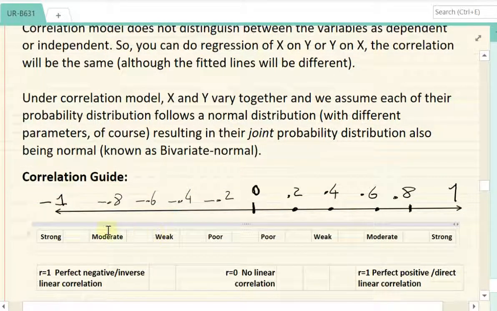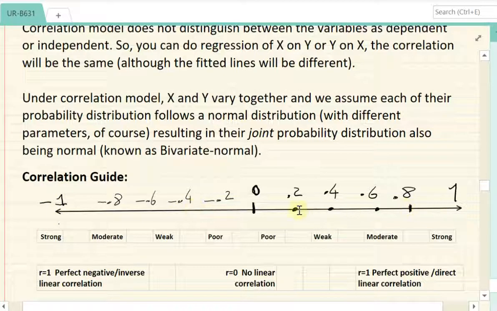So here I have a number line from -1 to 1, 0 at the center, and I made them symmetric. 0.4, 0.6, and so on. My decimal was too high up, let me fix this. There, that's better.